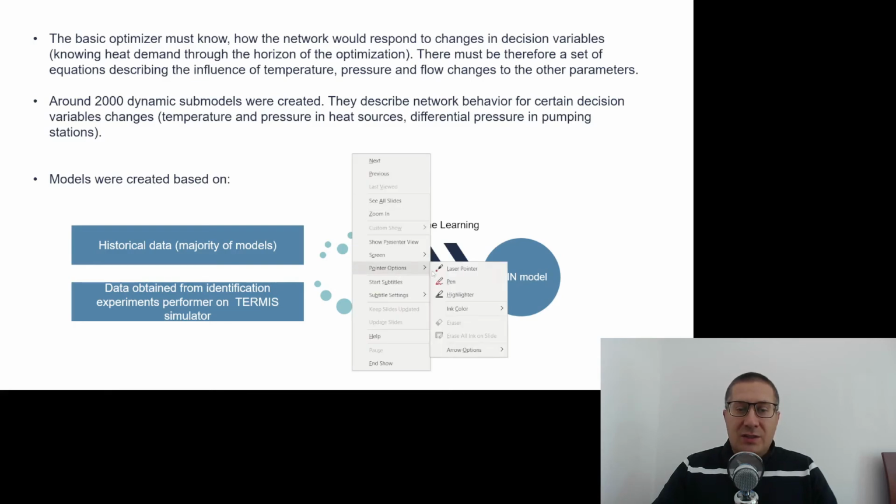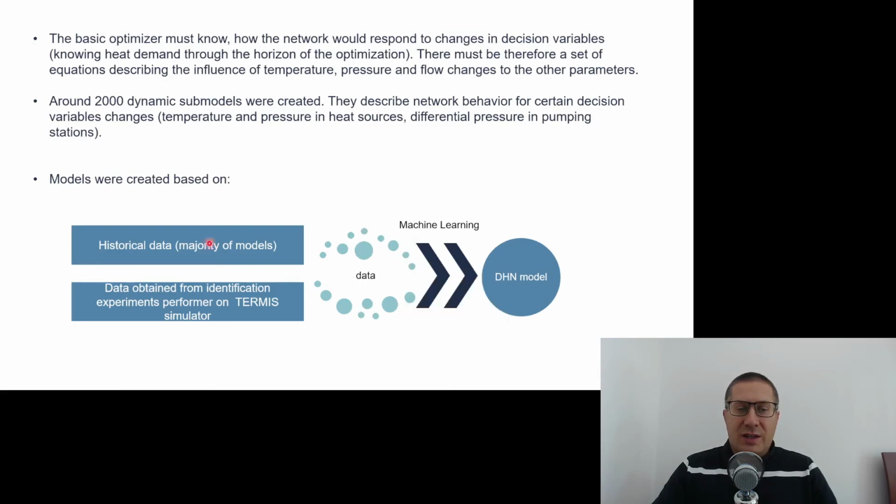It turns out that using just real data, historical data, is not enough, because not everything is measured. This is one thing. And another thing, this is typical for optimization projects in industry.